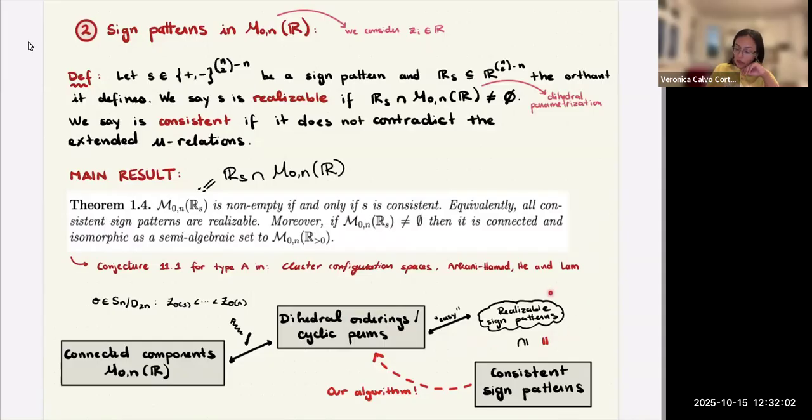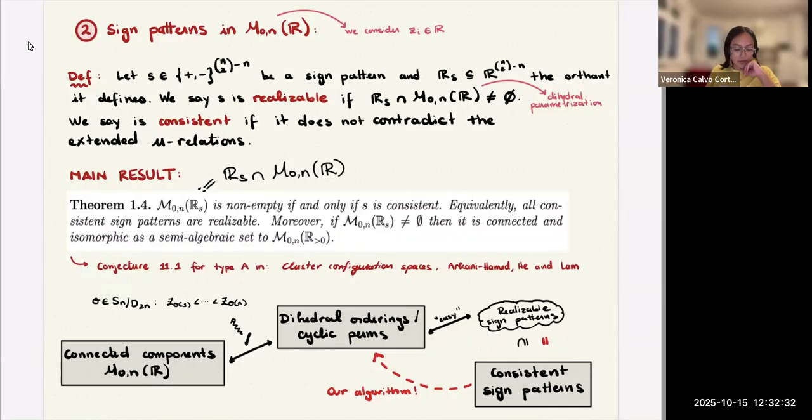And a way to count how many realizable sign patterns there are is by using a different way to view M0n that I didn't present here, which is to view it as a complement of a hyperplane arrangement. And then it just amounts to counting regions. And that count is also done in another paper of Thomas Lam. But yes, the idea here is that just by doing some smart counting, you can get this.